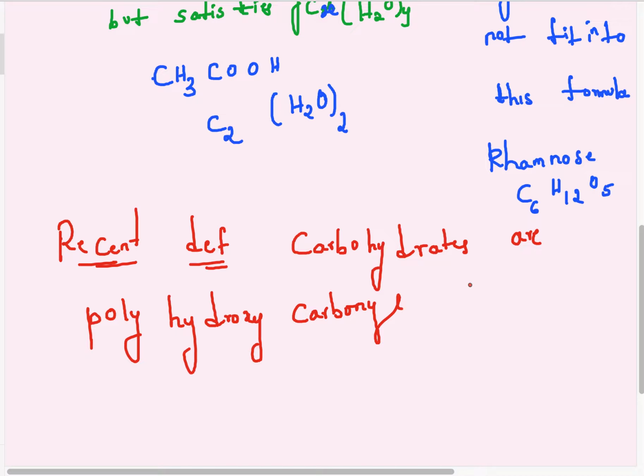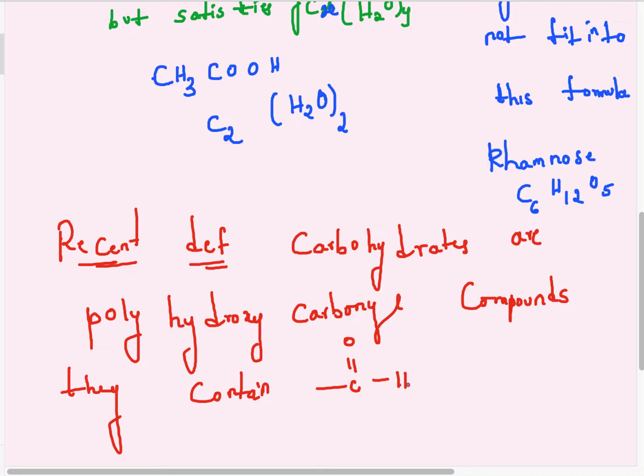They contain a C=O (carbonyl) group along with multiple OH groups. These compounds we call carbohydrates. This is the recent definition. Okay, clear? This is the introduction part of carbohydrates.